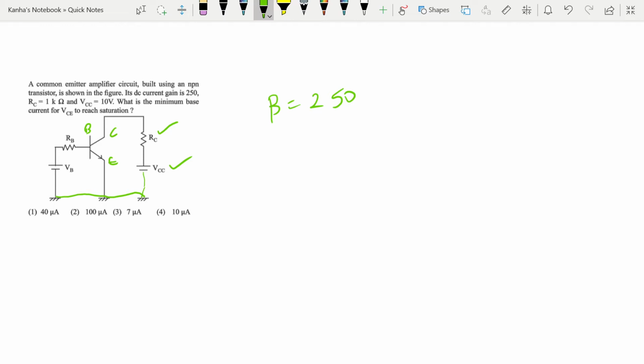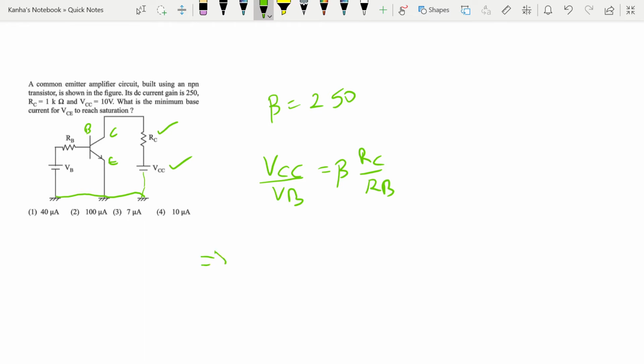Now voltage gain for this configuration is nothing but VCC divided by VB, which is nothing but beta into RC by RB. Because beta is IC by IB, and then you multiply I into R to get the respective voltages.